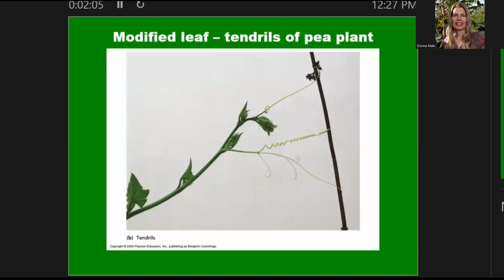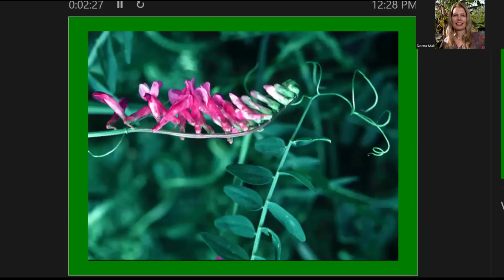So here you have a pea plant that's like, help me, I need to get upright. And so they will modify some of their leaf tissue so that they can reach for a solid surface around them and hopefully be able to get their stem and leaves upright enough for photosynthesis. Here's another example.